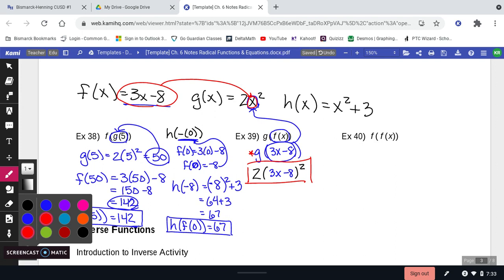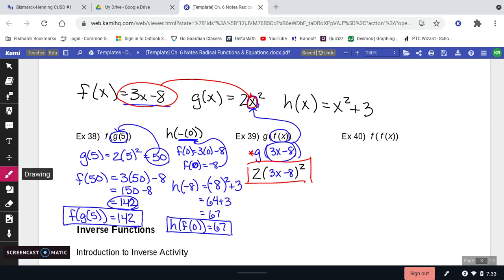Okay, so we do need to simplify this one though. So we have 2, and we have this quantity 3x minus 8 is squared. So that means 3x minus 8 times 3x minus 8. So we're going to FOIL. So 9x squared minus 24x minus another 24x plus 64.